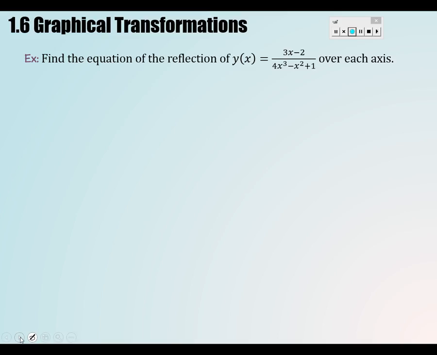Can we still do a reflection over the x-axis? Absolutely. So give me that, we'll call it y1. Tell me what that'll be. And then also do over the y-axis. Call that y2, and tell me what that will be. And again, I'll give you just a minute to figure it out yourself first.